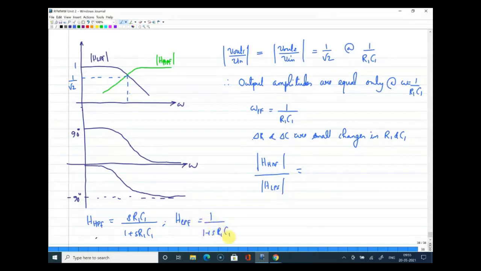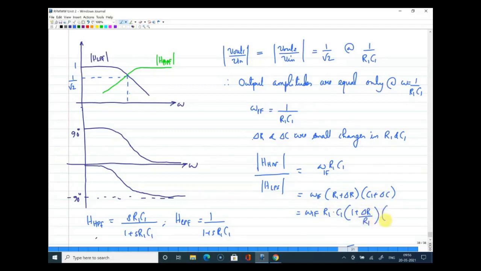So if I take the ratio of these two, and if I go for magnitude, that will be equal to omega into R1 C1, or it is basically omega IF into R1 C1. But if I include the small changes in the R1 C1 value, I can write it as omega IF into R1 plus delta R into C1 plus delta C. If I take R1 outside and C1 outside, it will be 1 plus delta R by R1 and 1 plus delta C by C1.